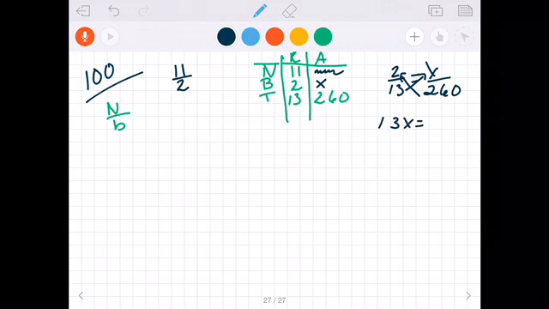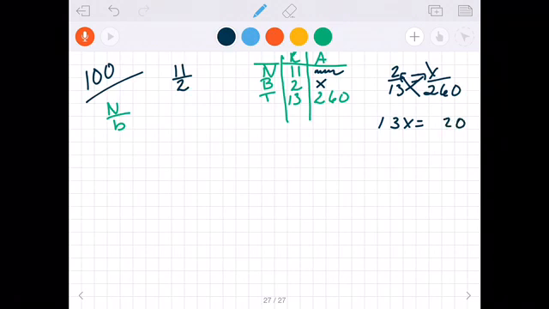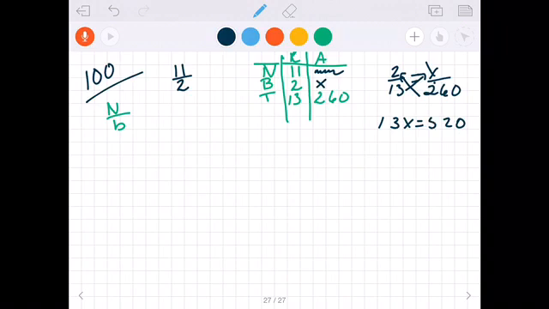Well, 2 times 0 is 0. 2 times 6 is 12. Carry the 1. 2 times 2 is 4, plus 1 is 5. Now we can get x by itself by dividing both sides by 13.